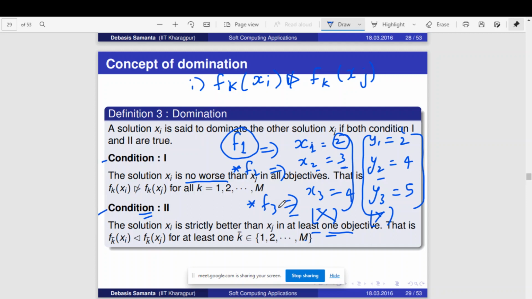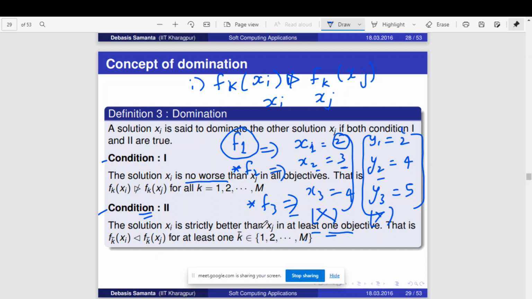Yes, so x is dominating y. This is what the definition says. We have a set of objective functions and a set of solutions. Then xi dominates xj when, for all objective functions, xi is no worse than xj, and for at least one objective function xi is better than xj.